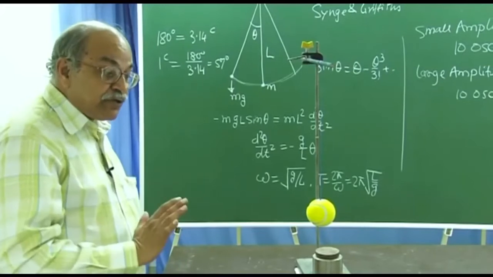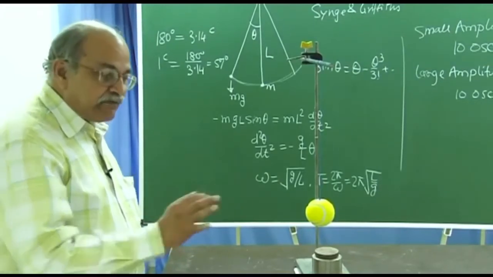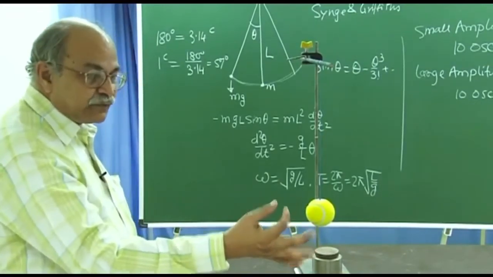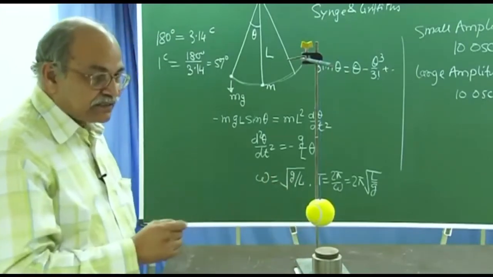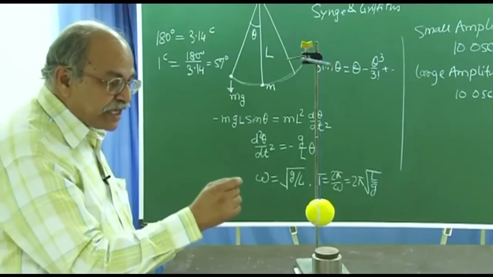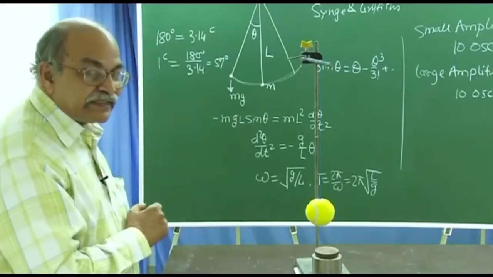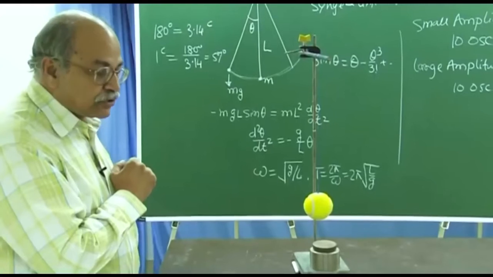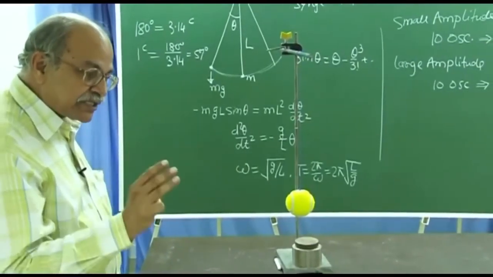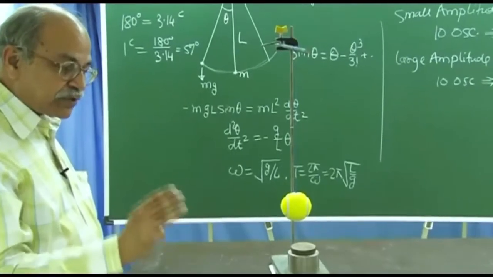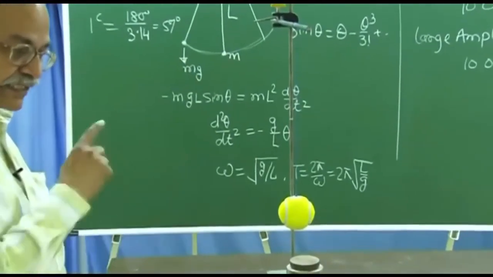But now what I am going to show you, I will release it with 0 velocity, and you watch if any change in the plane of motion takes place. So I will do 3 experiments, and you carefully and patiently watch about the plane of its oscillation.